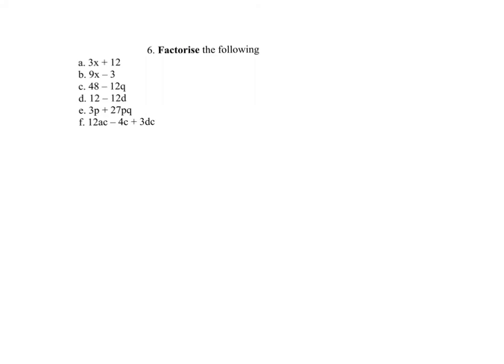Okay, with this question, they're asking us to factorize. So if we remember back to our factorization lesson, we have to find the highest common factor first between the two of them, and then we take that outside the bracket. So let's look at this first one. If I think the highest common factor, this one could be 3 times x, and this one could be 3 times 4. So 3 is the highest common factor, so I take 3 out, and then I put what's left over in the brackets. So it'd be x plus 4.